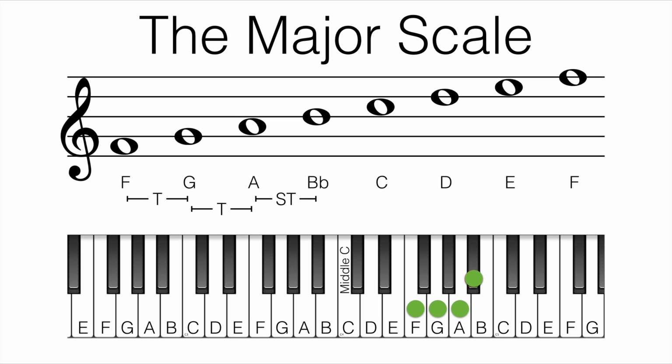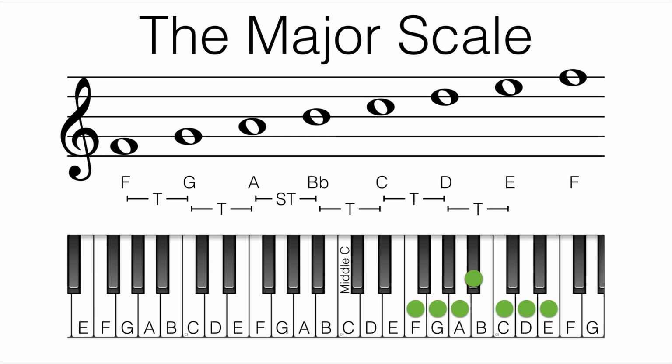Please note that we cannot change the B to an A sharp because, as previously stated, each scale must contain each letter only once, and we would end up with A and A sharp in the same scale, which is not good. B flat to C is a tone. C to D is a tone. D to E is a tone.